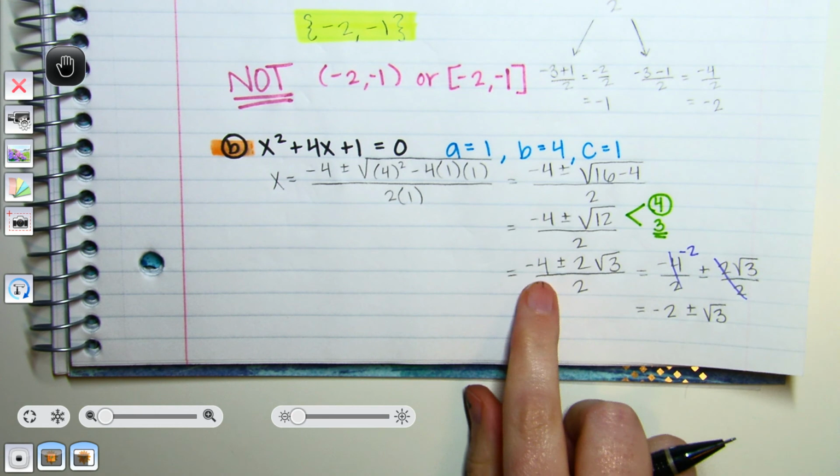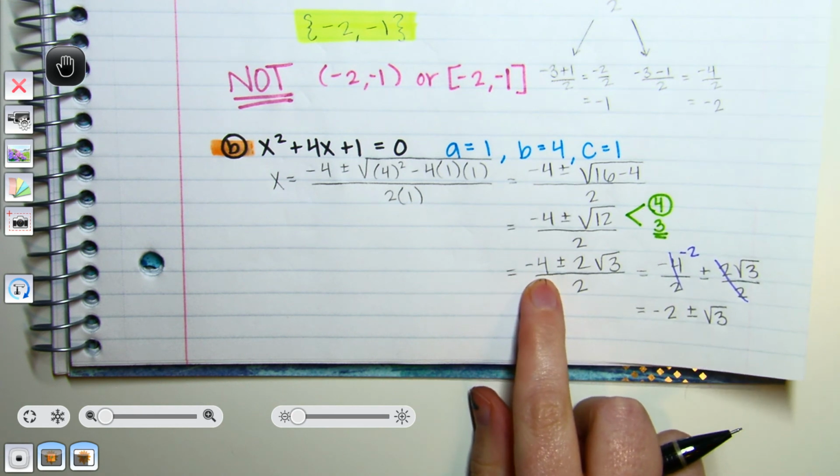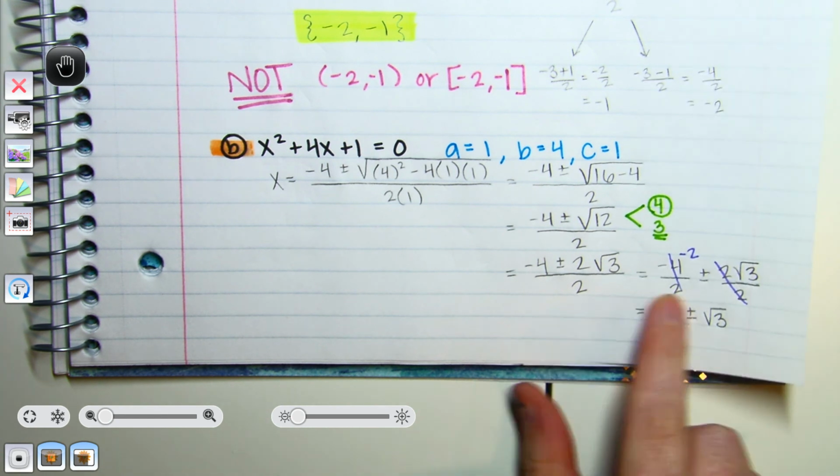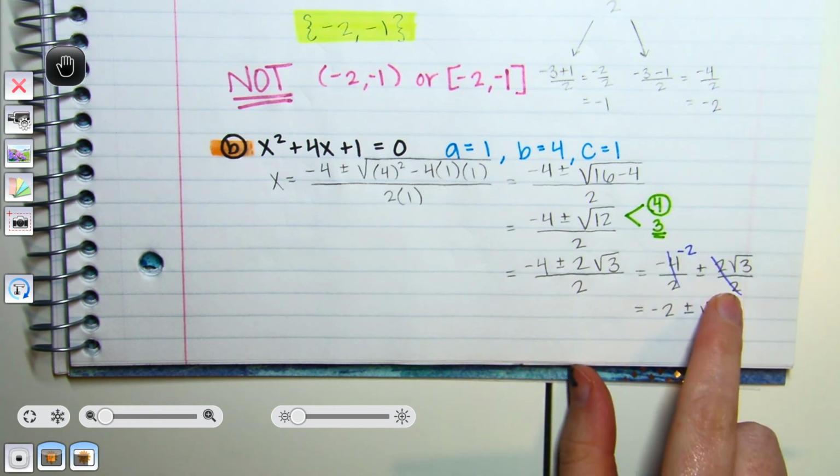Now, you may have been able to recognize that from here and see all 3 of these numbers are divisible by 2, but if not, you can always write it as 2 separate fractions.